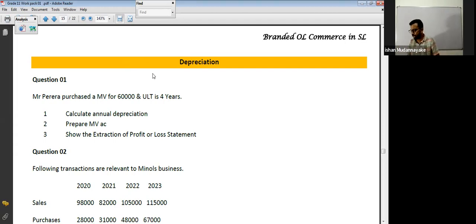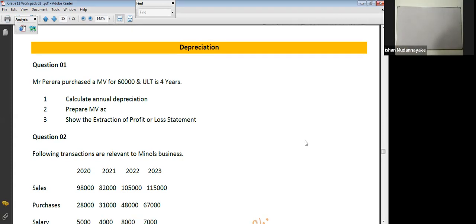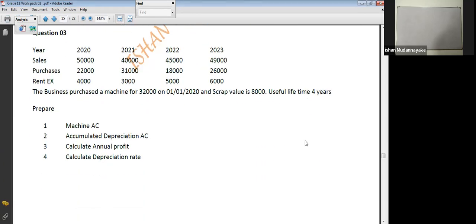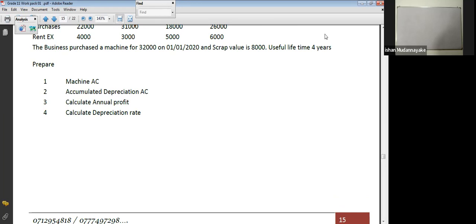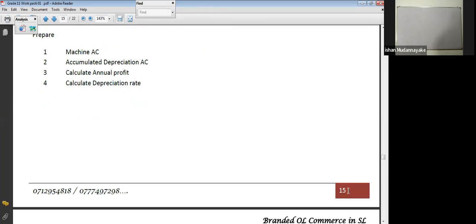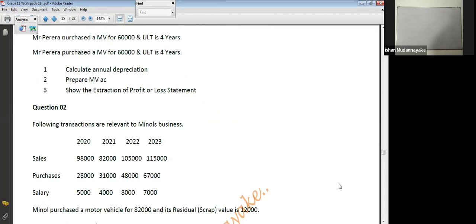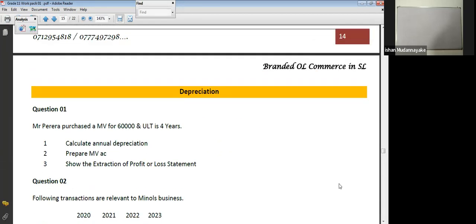Please go to page number 15. In page 15, you can see depreciation, a separate note for depreciation.